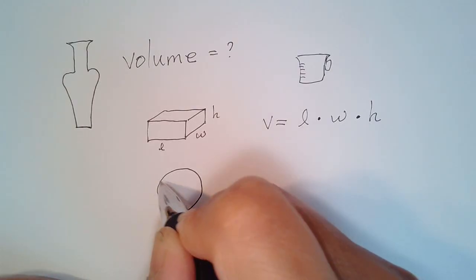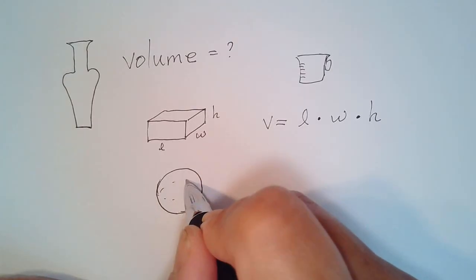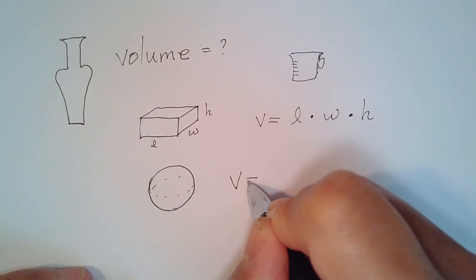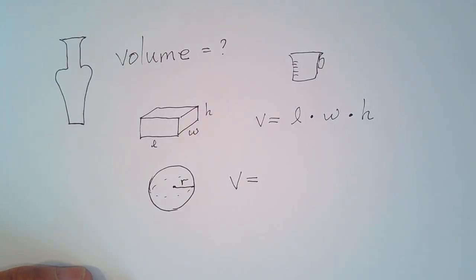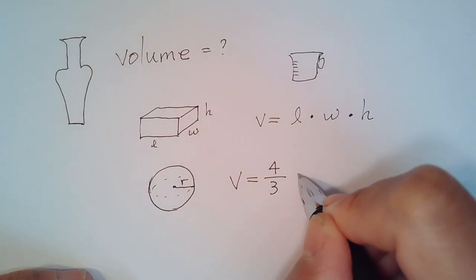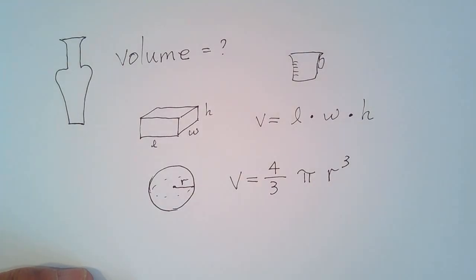It's not a circle, it's a ball. Okay. It's a ball. All right, now this volume, as long as you know the radius, the volume of the ball is 4 over 3 pi r cubed. That's the formula.